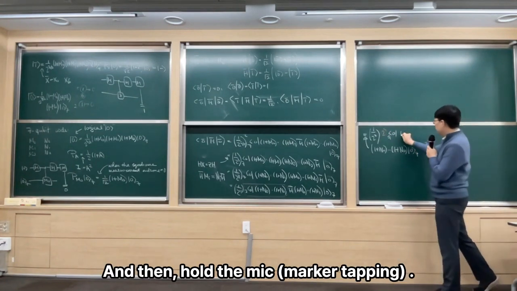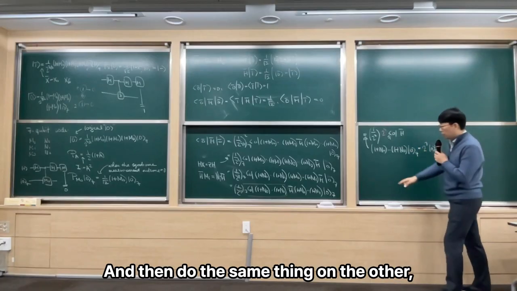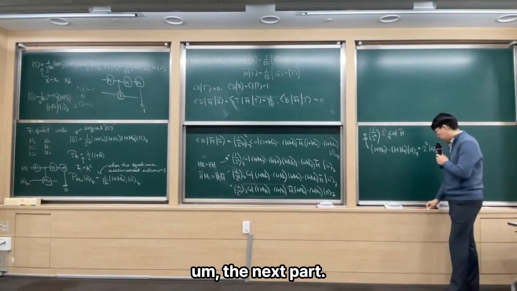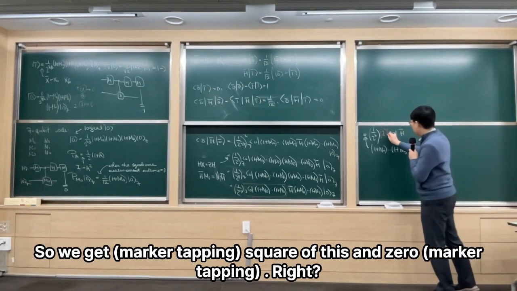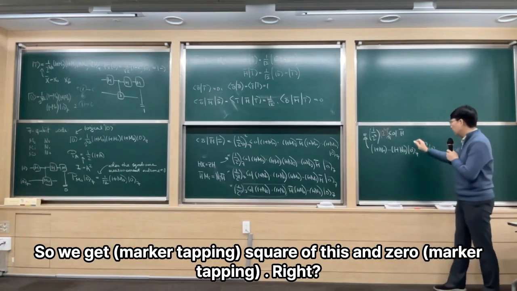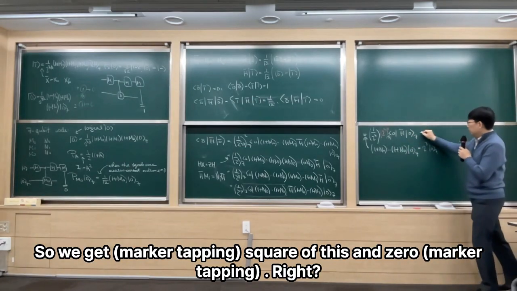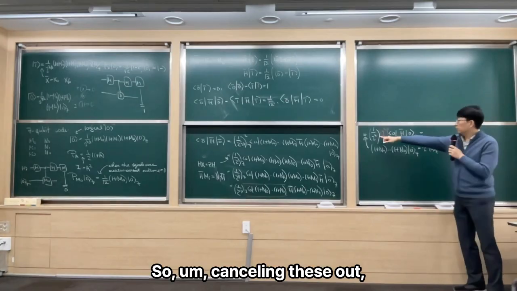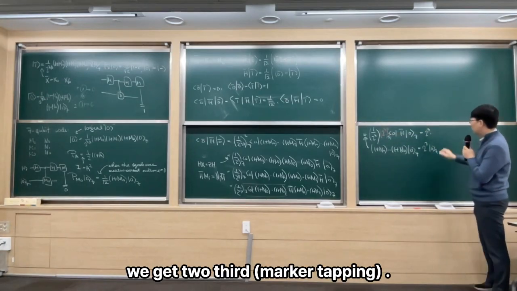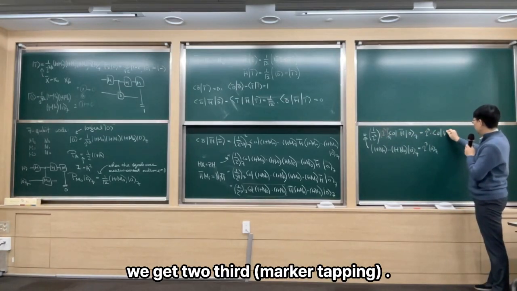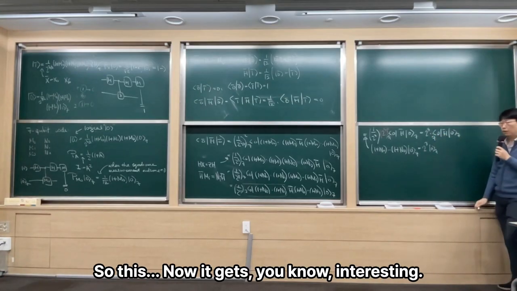And then Hadamard. And then do the same thing on the next part. So we get square of this and 0, right? So canceling this out, we get 2/3 of this. Now it gets interesting.